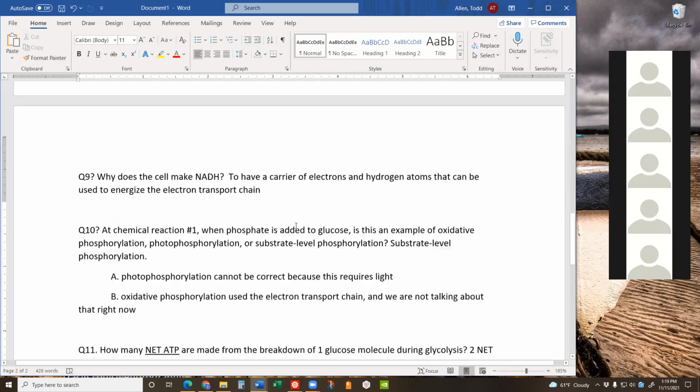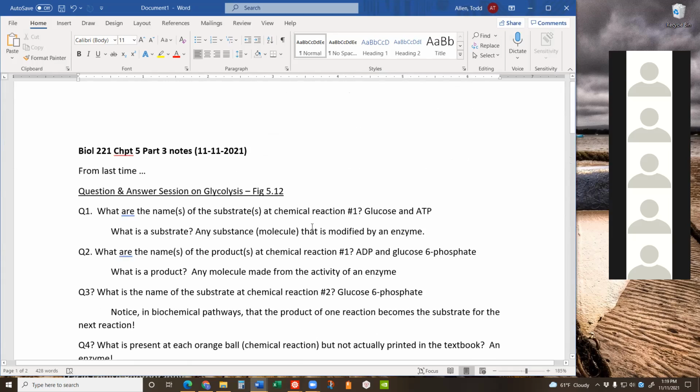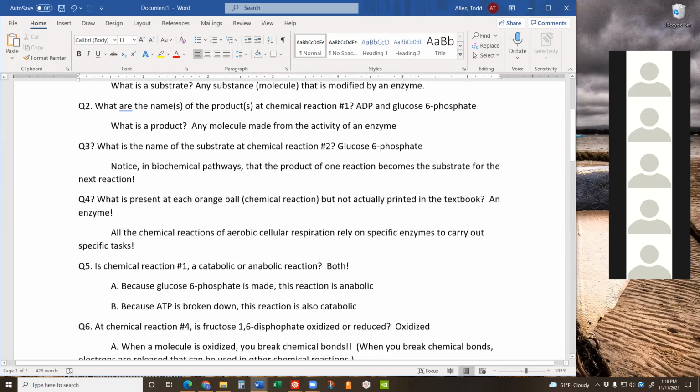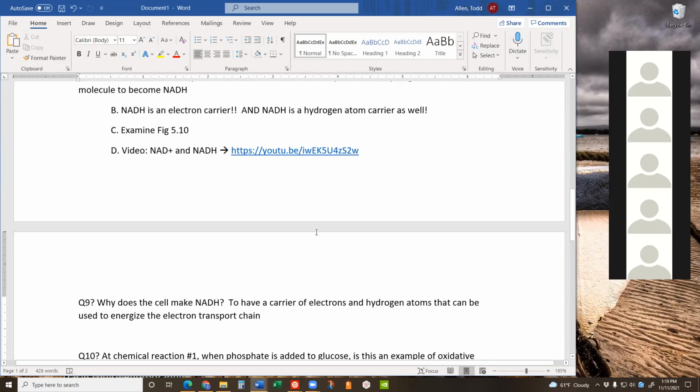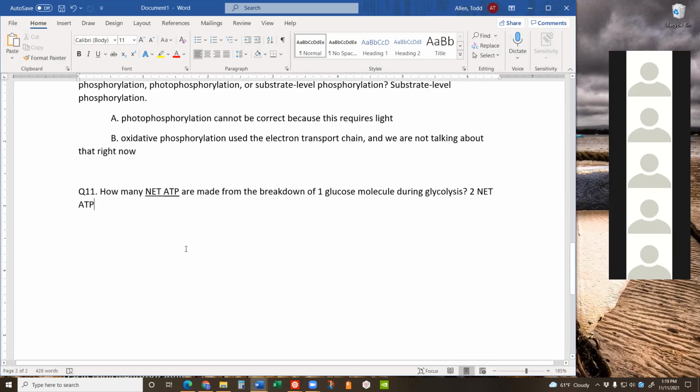Okay, so folks, all I'm saying is that you do have to study this stuff, okay? Let's go on to a question and answer session, and the question and answer session will be for the Krebs cycle that we see in figure 5.13.